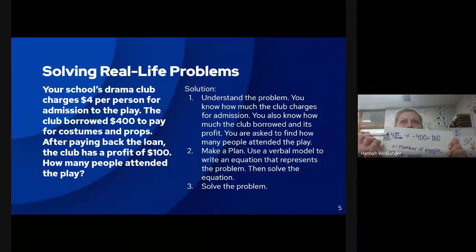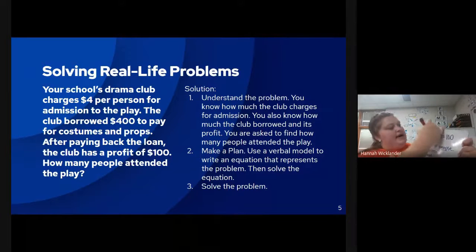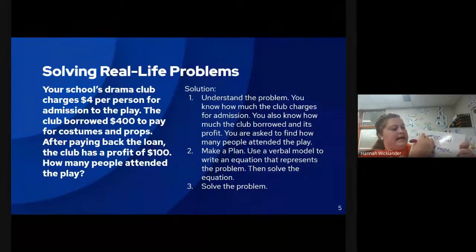We have $4 per person to get in, and we're trying to solve how many people attended. So the X is the number of people. And so those will cancel out, the person and people, and then I'll be left with 4 times X minus 400 equals 100.